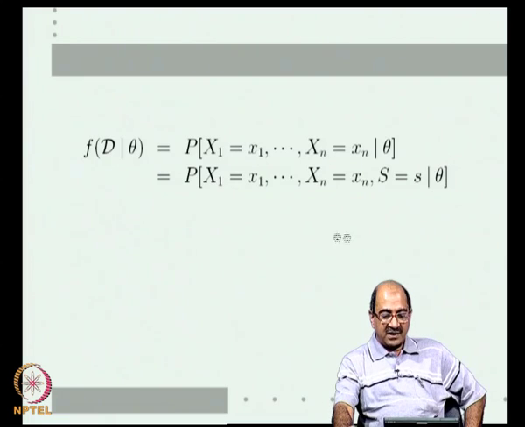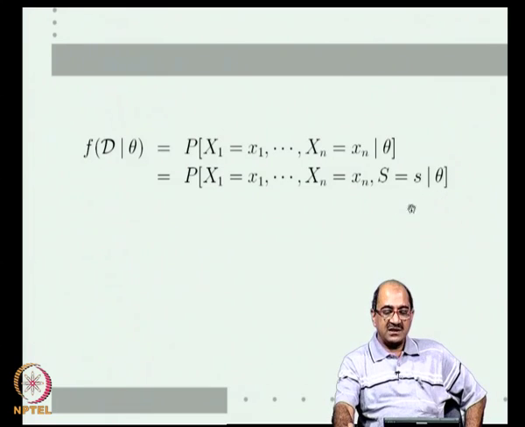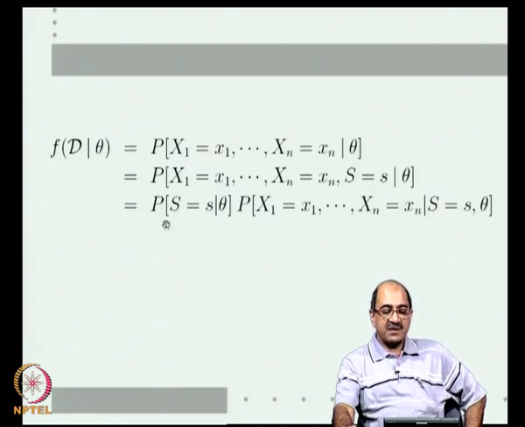Now, you think of X1 equal to x1, Xn equal to xn as some a, S equal to s as some b, and theta as some c. Then it is probability of a, b given c, which can be written as a given b, c, into b given c. So, I can write it as probability S equal to s given theta, and probability X1 equal to x1, Xn equal to xn, conditioned on S equal to s and theta. Okay.